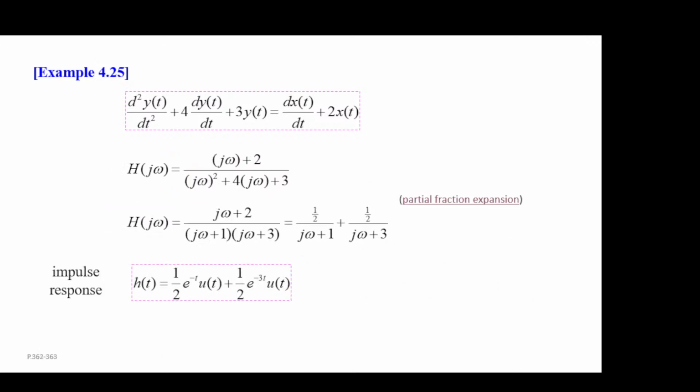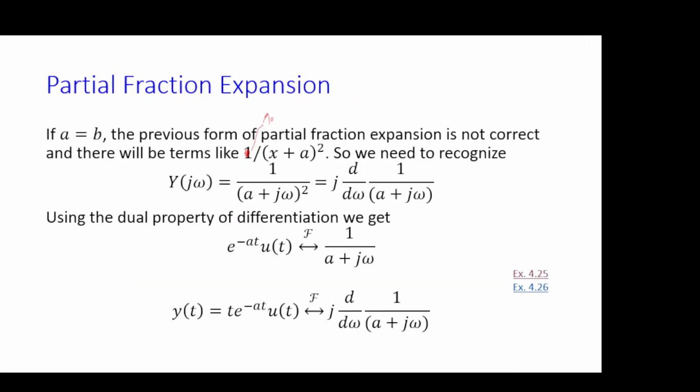So once again, that's why we want to do this kind of thing. We see that 1 over a plus j omega squared, its inverse Fourier transform is t times e to the minus at u of t.